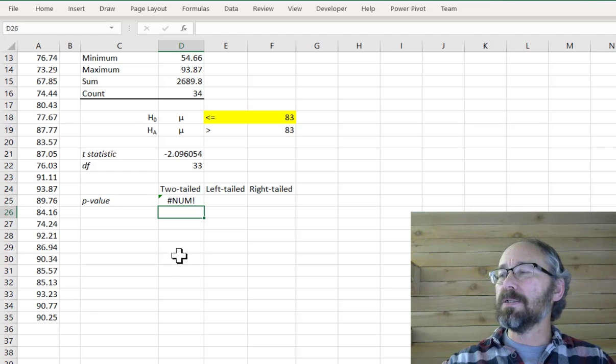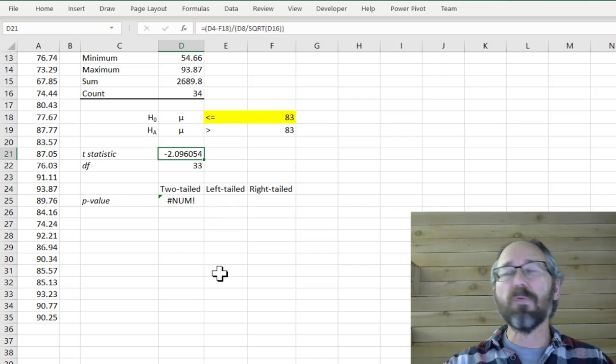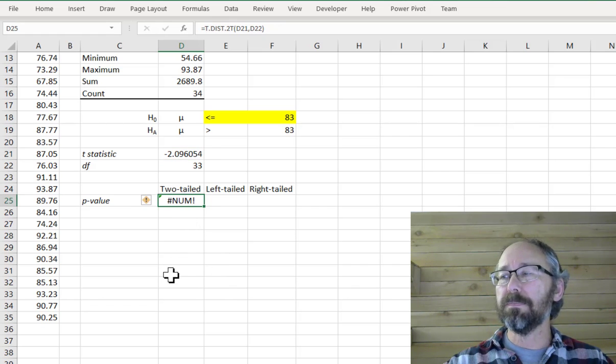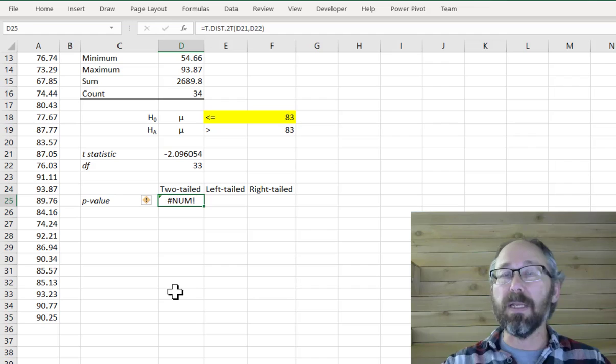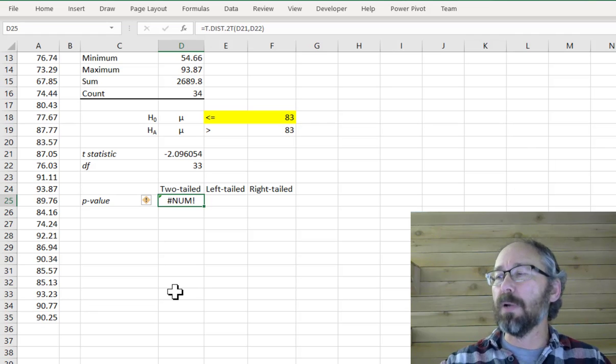And the reason is that the two-tailed function that Excel has expects a positive value for the t-statistic. So we can correct that one of two ways. We can either use the absolute value of D21, or we could use an IF statement: if D21 is less than 0, then the negative of D21, otherwise D21.